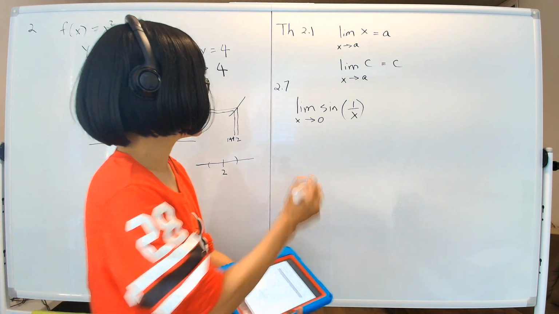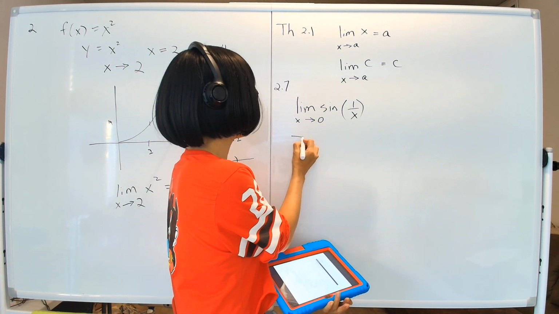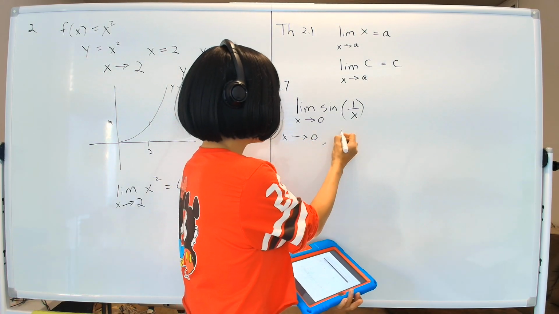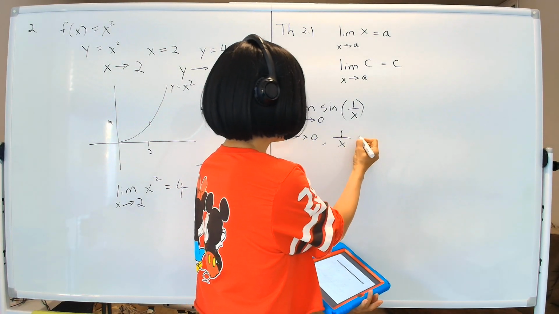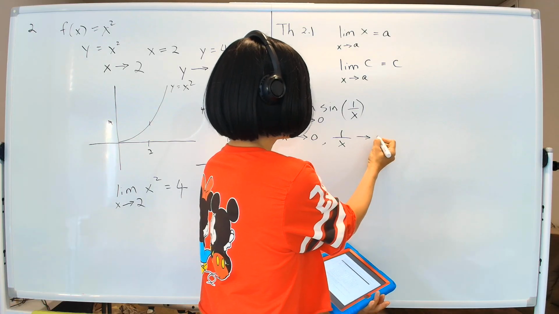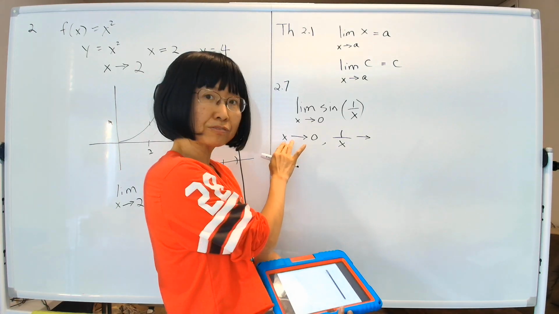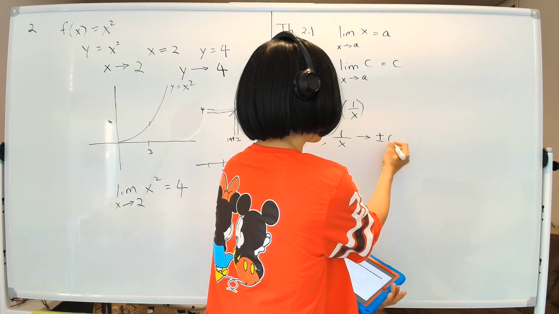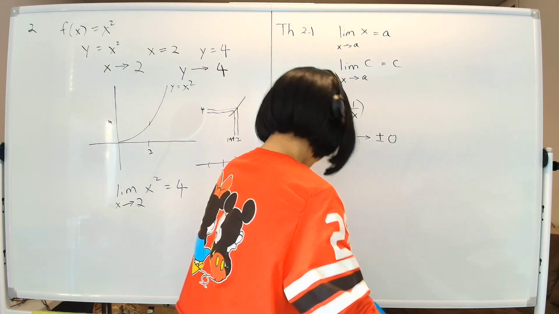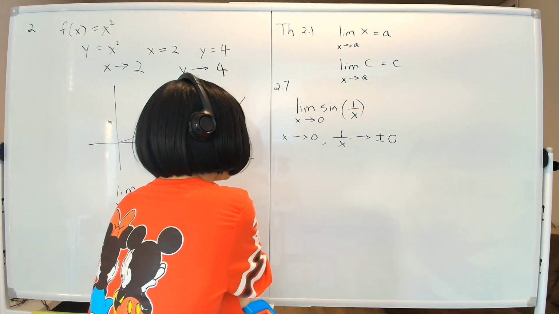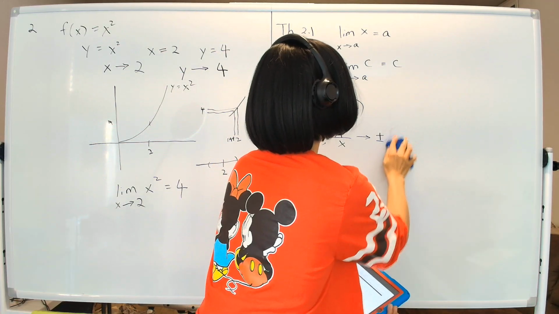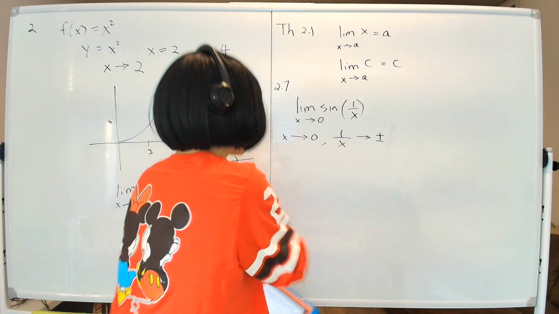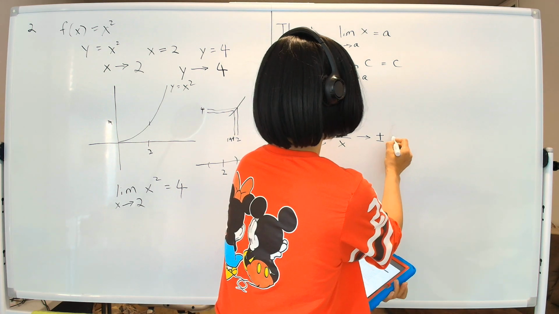When x approaches 0, 1 over x approaches some kind of infinity, depending on whether x approaches from the positive or negative side. 1 over x will approach positive or negative infinity.